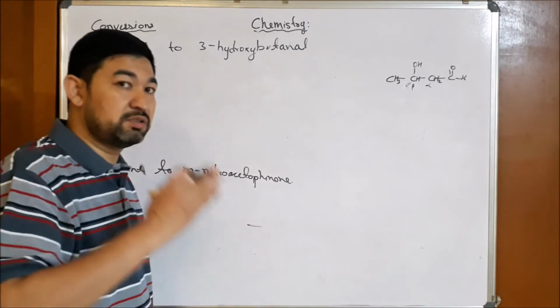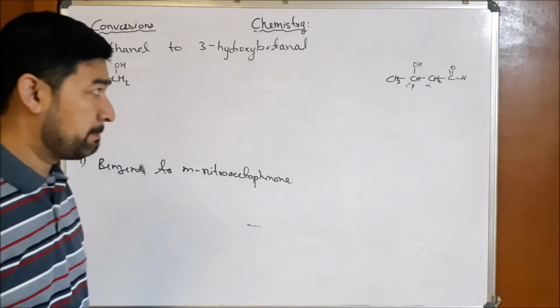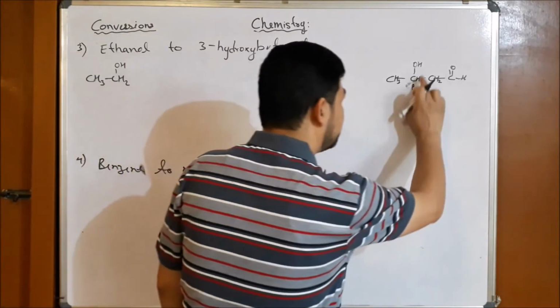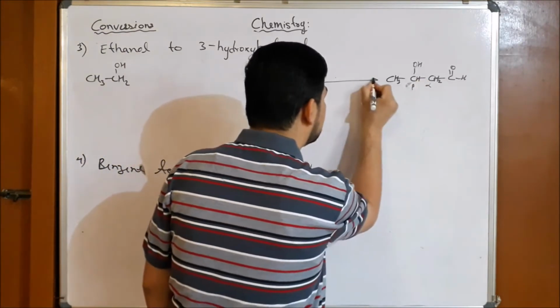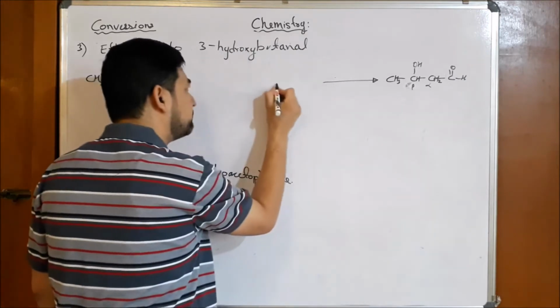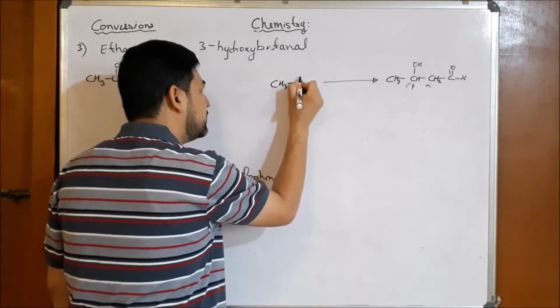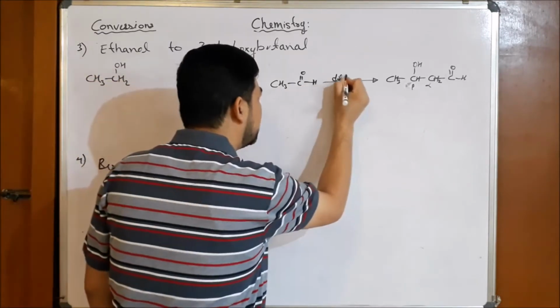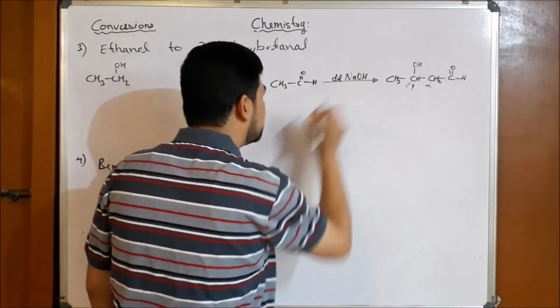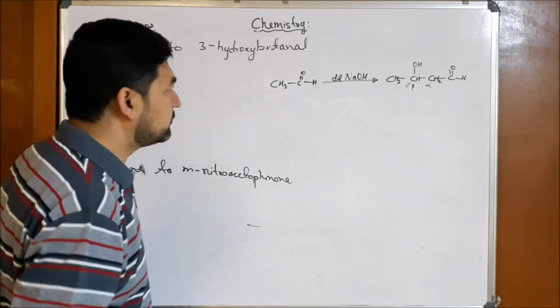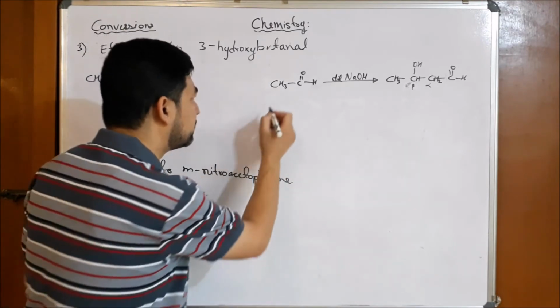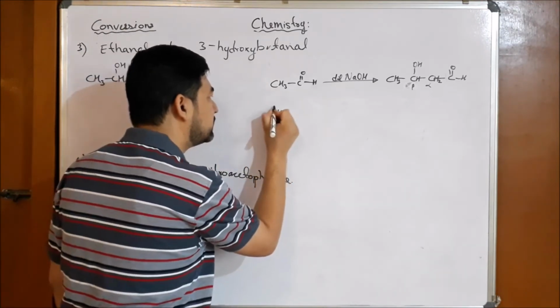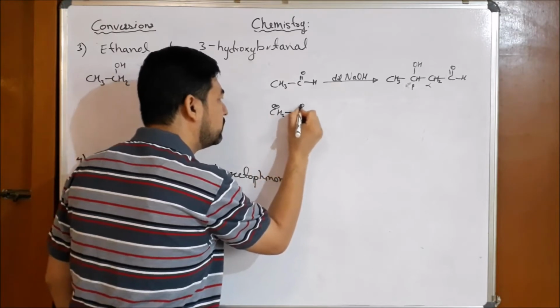But for aldol condensation you need either an aldehyde or a ketone, right? Since it has an aldehyde, if you break this one, you can think that it will be CH3CHO. If I choose this one, dilute NaOH is the reagent. Suppose CH2 negative CHO, right?